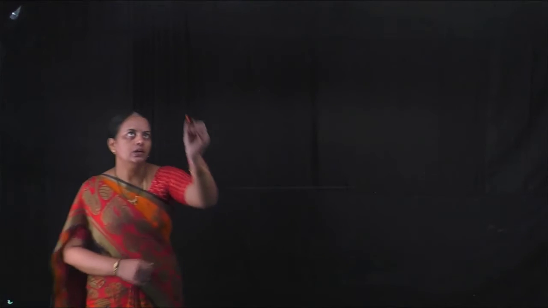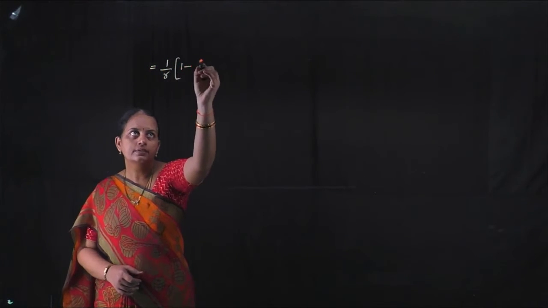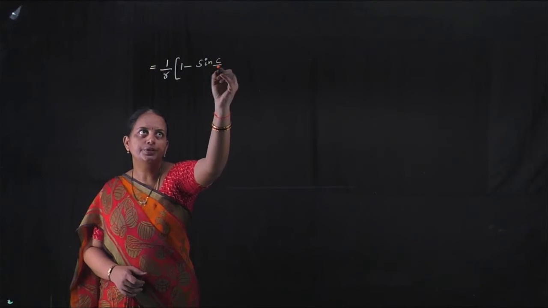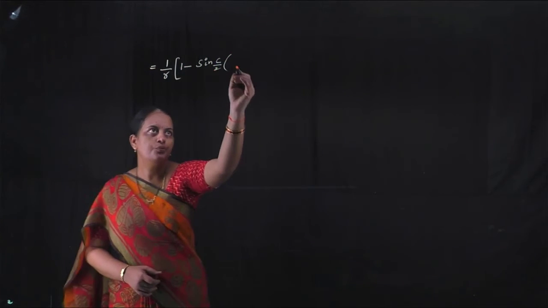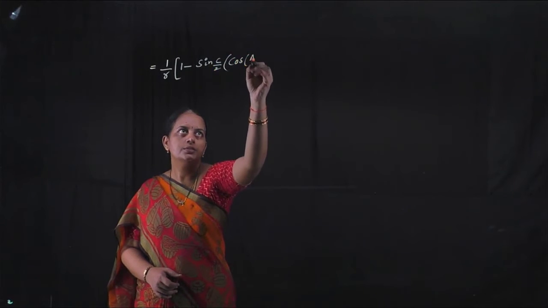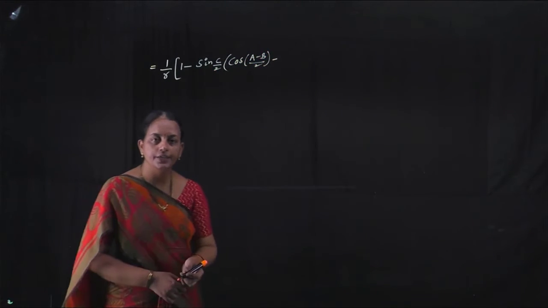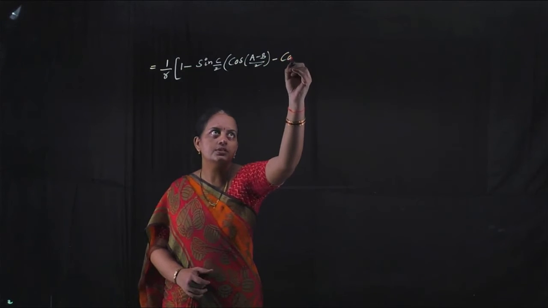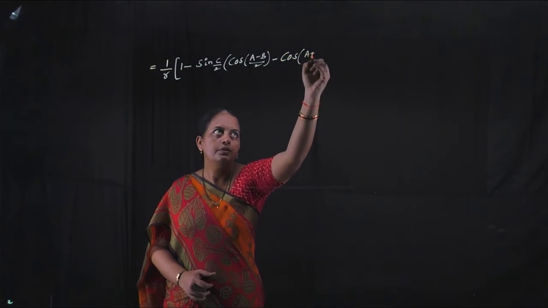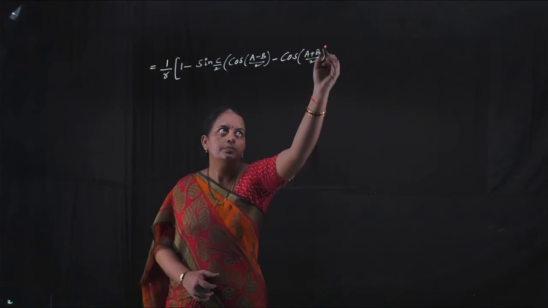This is equal to 1 by r into 1 minus sin C by 2 into cos of A minus B by 2 minus sin of 90 minus of A plus B by 2, which means cos of A plus B by 2.